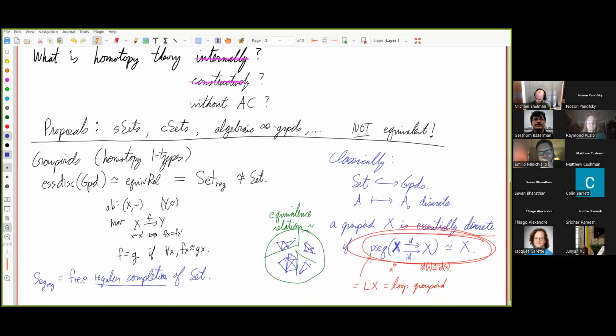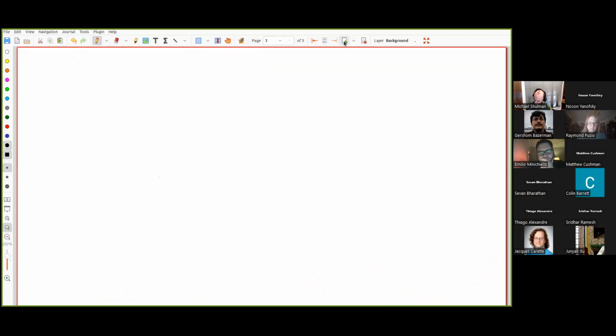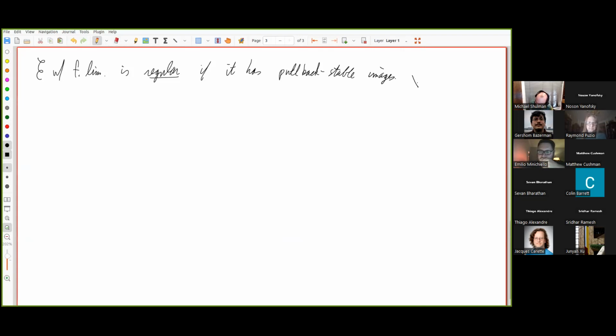So to explain what that means, let me remind you or define a little bit about regularity and exactness. If I have a category E which has finite limits, then we say that it's regular if it has pullback stable images, image factorizations, where an image means that every map factors as a regular epimorphism followed by a monomorphism.